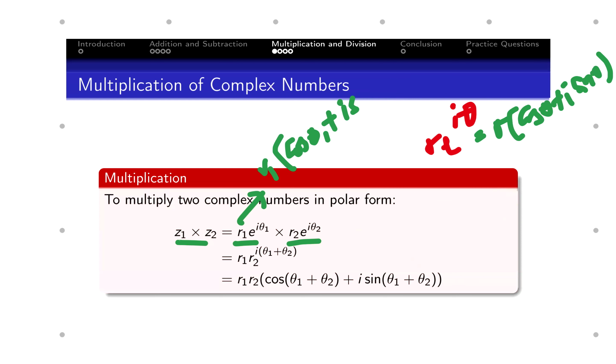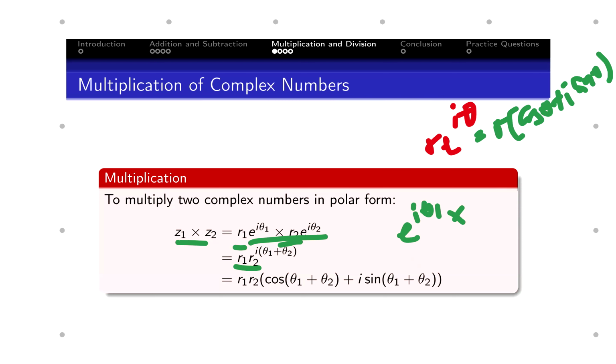So here you have r1 e^(iθ1) times r2 e^(iθ2). According to the law of indices, of course, r1 and r2 are just normal numbers that you can multiply, but these ones are exponential, right? So if you have e^(iθ1) times e^(iθ2), then you can just add up the power. So you have e^(iθ1 + iθ2), and that is e^(i(θ1 + θ2)).